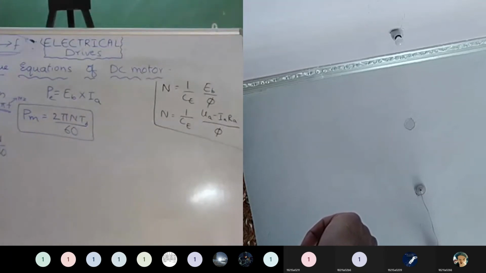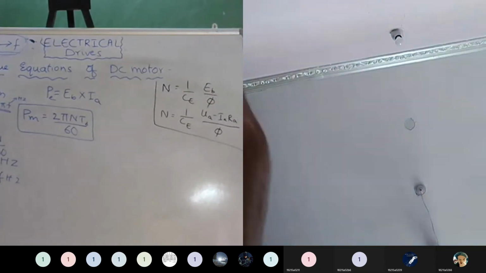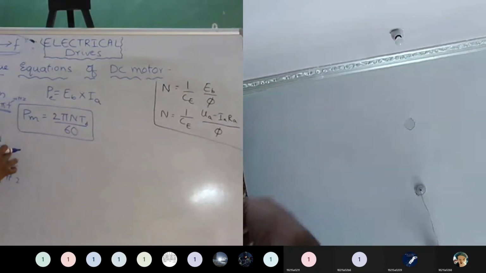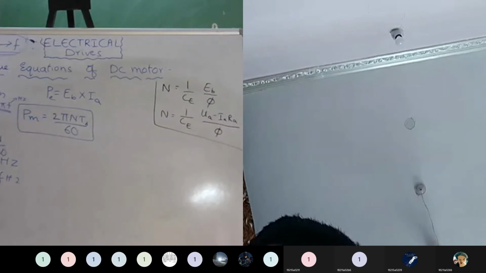Actually, 2 pi radians per second is equal to 1 hertz. So f hertz is equal to 2 pi f radians per second. Here, N is revolutions per second. Revolutions per second is equal to frequency. Another unit of frequency is revolutions per second. Okay.